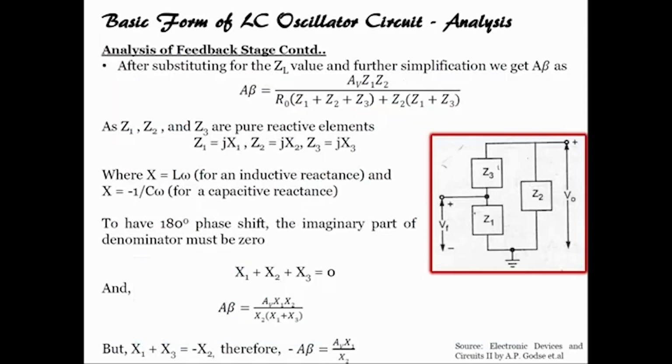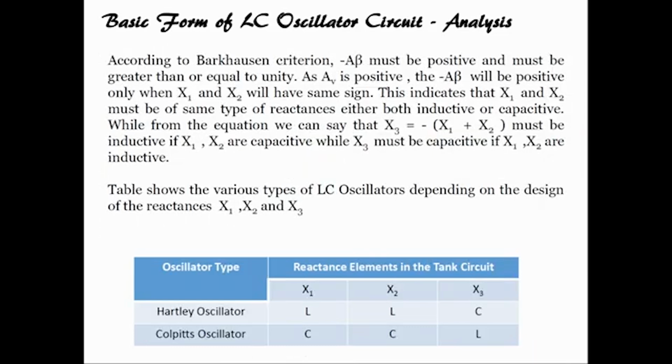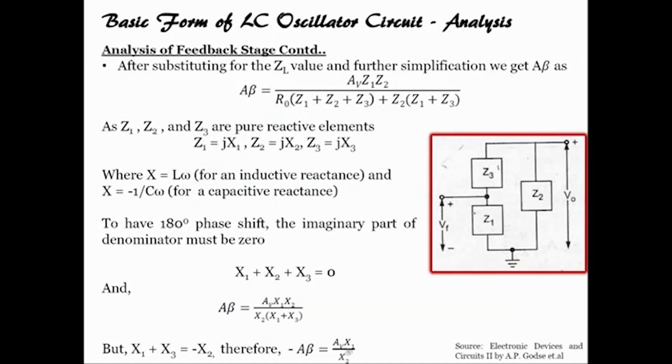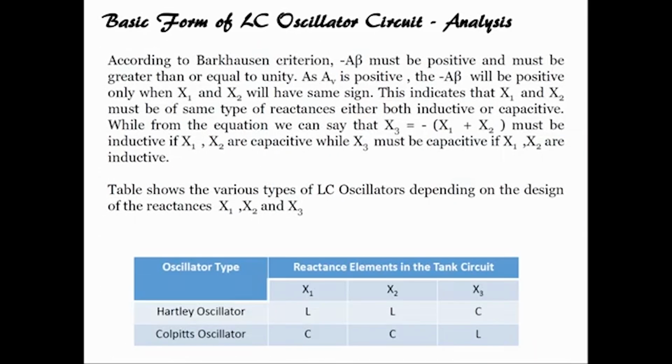Here we see minus A beta equals AV x1 by x2, but it cannot be negative. Minus A beta should be positive and must be greater than or equal to unity. We have seen that this is the Barkhausen criterion. So, minus A beta will be positive only when x1 and x2 have the same sign. Only if x1 and x2 have the same sign can minus A beta be positive.